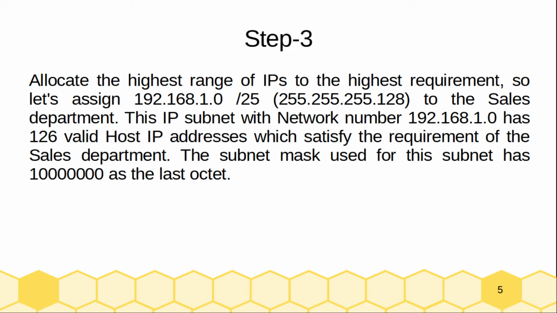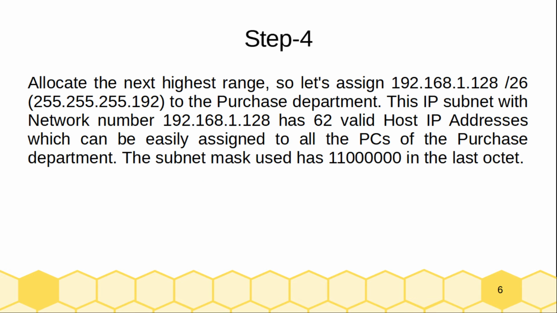The subnet mask used for this subnet has, as we already know that 1 byte is equal to 8 bits, the first bit as 1 and the remaining 7 bits as 0 in the last octet.